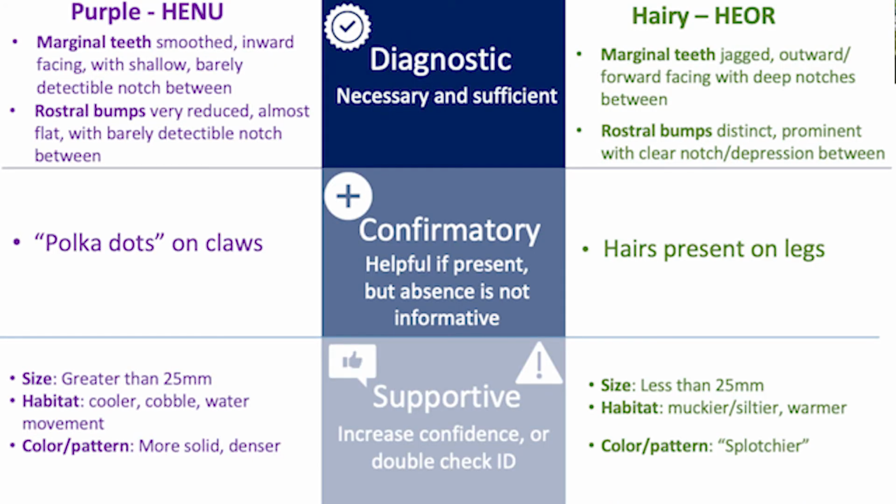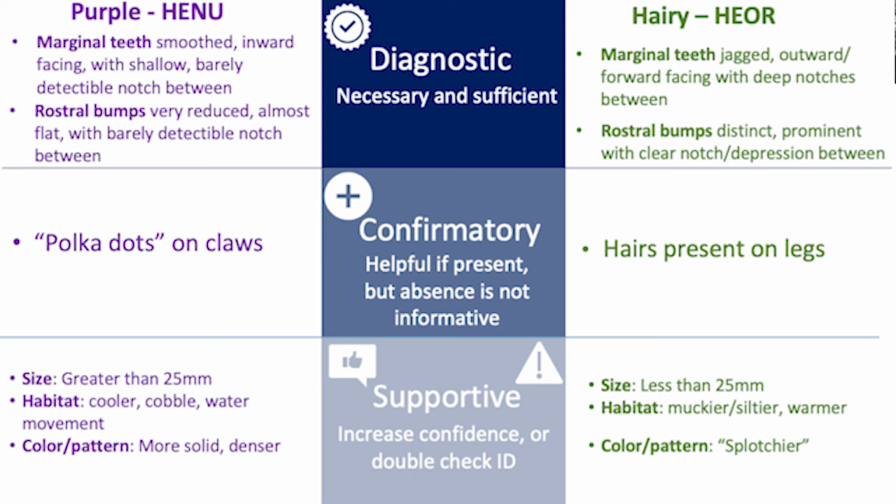So just to review, the diagnostic features are the gold standard for identification, but it's a little tricky, we admit, because it does take time to hone your search image and what we call a heuristic for these features, because they're not binary. It's not the difference between 3 marginal teeth and 5 marginal teeth to tell these things apart.